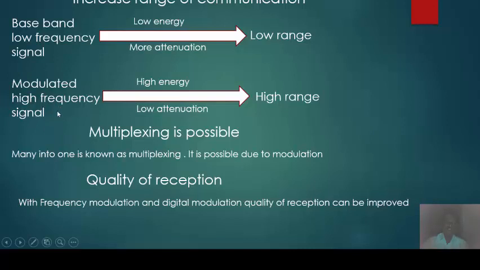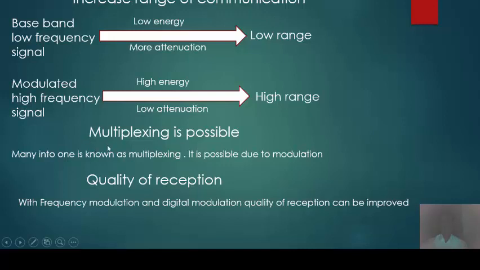If the frequency is very high, then the attenuation is low. Here the attenuation is inversely proportional to the frequency. If the frequency is high, attenuation is low, meaning the loss is low, and due to the high energy it can travel more distance, and the range is very high in this case. So this is the second type of advantage with the help of modulation, that is, increase the range of communication.